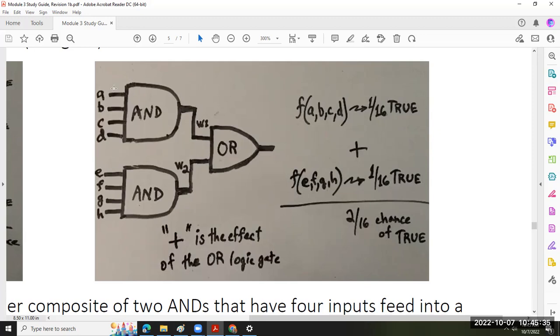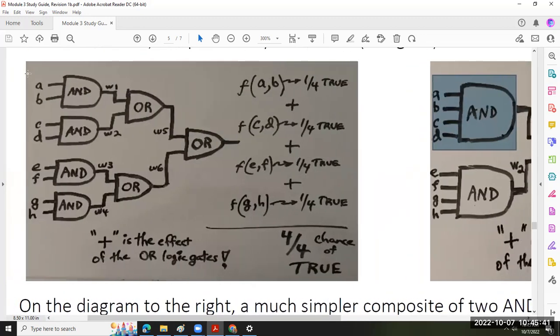Is the truth table for this AND the same as the truth table for this AND? That's not a trick question. It's almost a rhetorical question. Would you expect the truth table for this AND to be the same as the truth table for this AND?